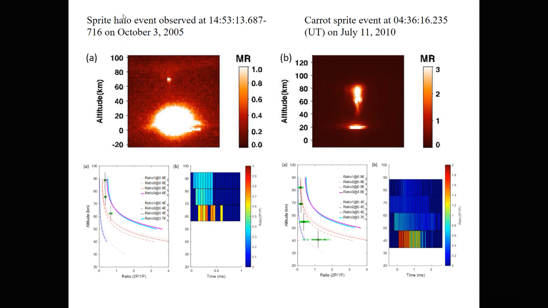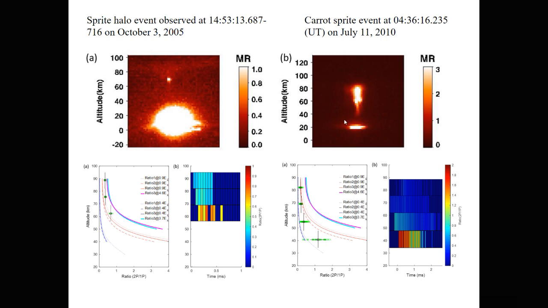Here is a sprite halo. We can find this one is for a 0.4 breakdown electric field. This one is about 1, and this is about a 4 breakdown electric field. So you can find the sprite halo is between 1 and 4 times the electric breakdown field.